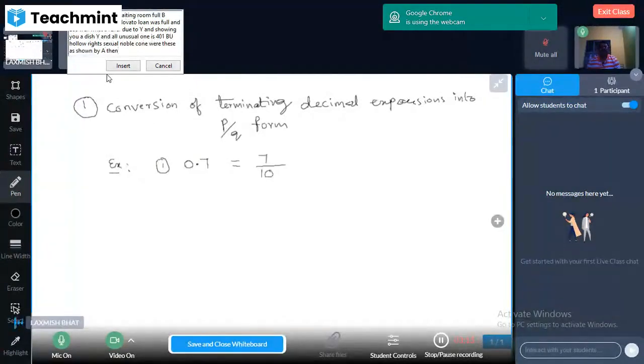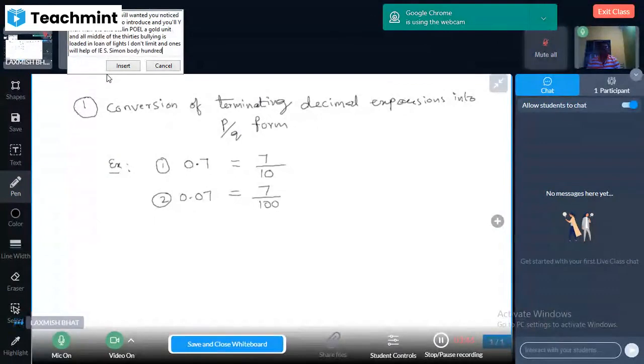For one decimal digit, we have to put 1 and 0, that is 10 in the denominator. If it is 0.07, here we have two digits on the right side of the decimal point. So we have to write it as 7 by 100.